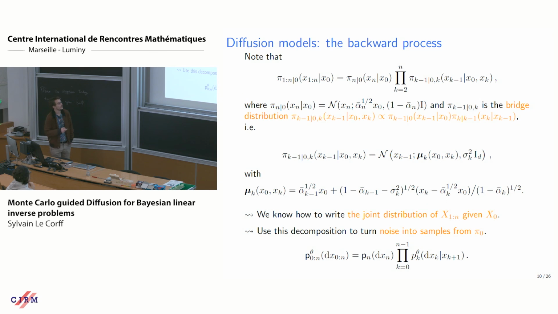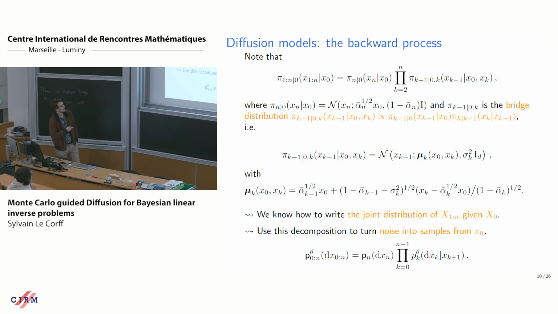So these are standard computations. Okay, so what you can write is the joint law of all the x's you've added noise to, given x0, which is a joint Gaussian.